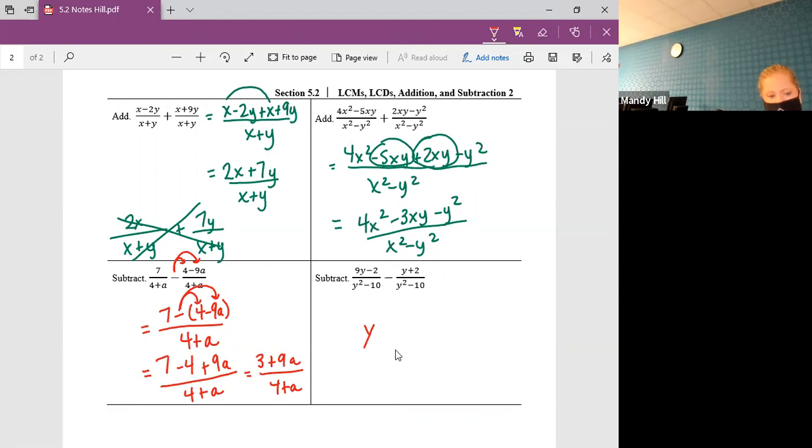On the next one, same thing here. We've got our common denominator. We want to do 9y minus 2, but it's minus this whole thing, this y plus 2. It's subtracting that whole thing. So 9y minus 2 minus, it was a positive y, so it becomes minus y. It's a positive 2, so it's going to become negative 2 or minus 2.